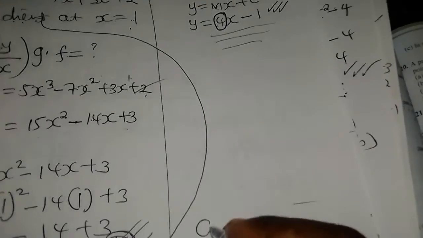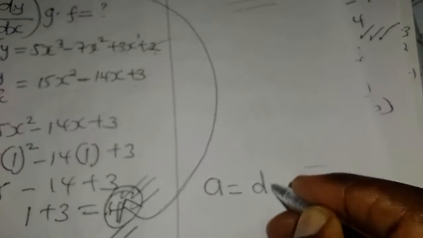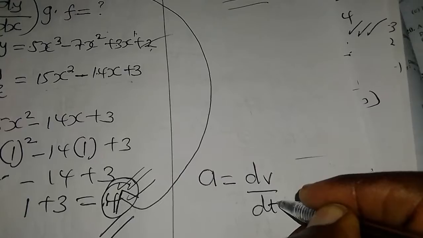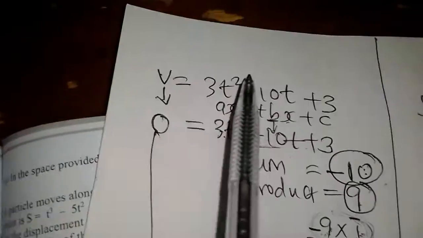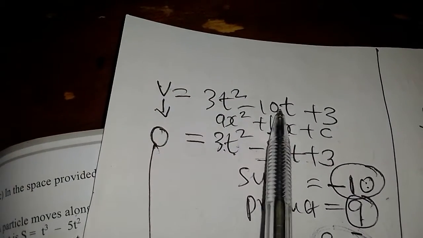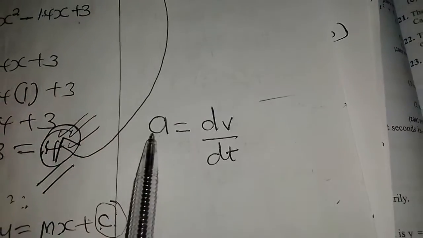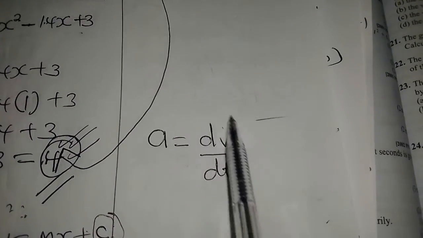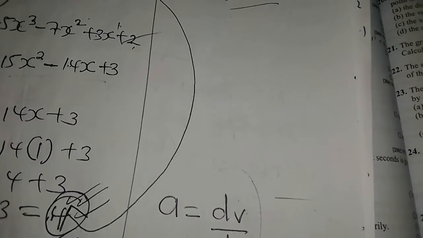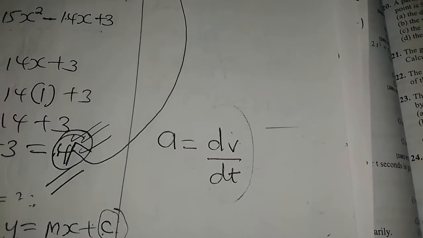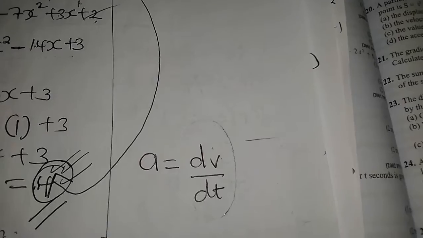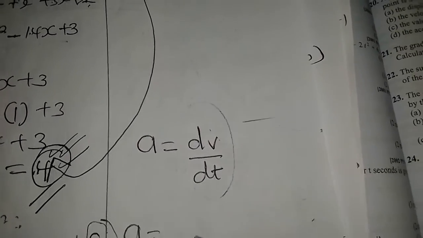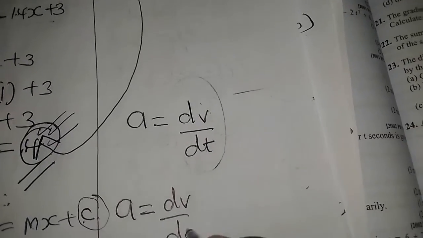And how do you get the equation for acceleration? You say dv/dt. That means you differentiate the equation of velocity, then you get the equation for acceleration. So you say dv/dt, change in velocity by change in time. So a is equal to dv/dt.